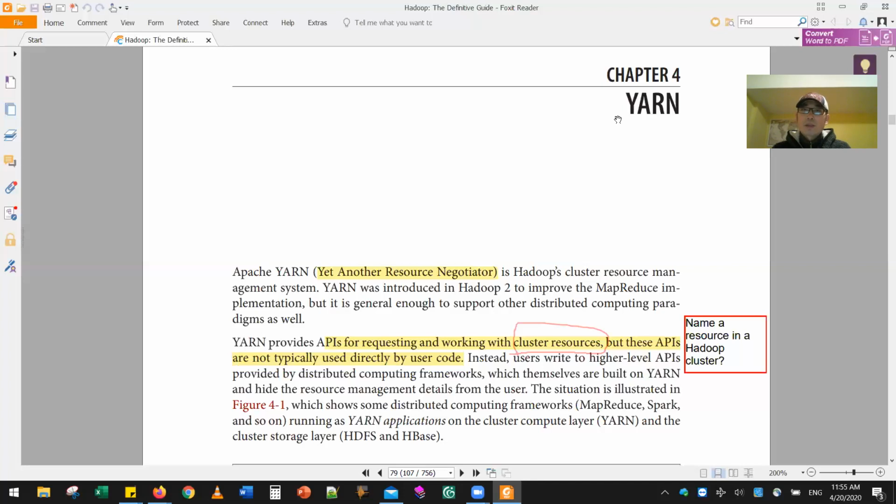MapReduce is the distributed computing framework. HDFS is the storage subsystem for Hadoop. So YARN is for Hadoop resource management.